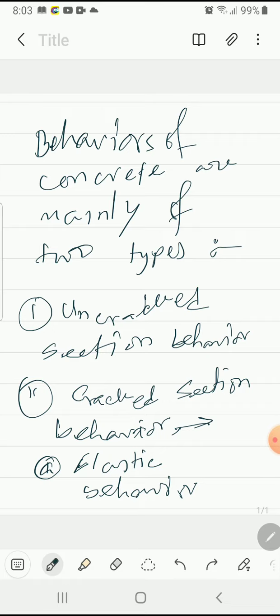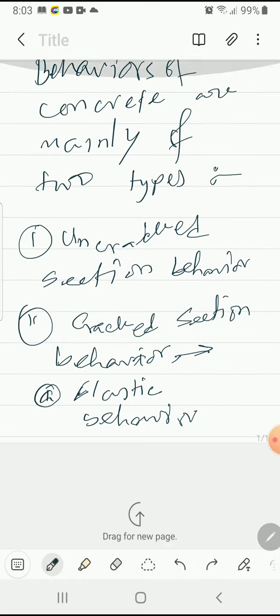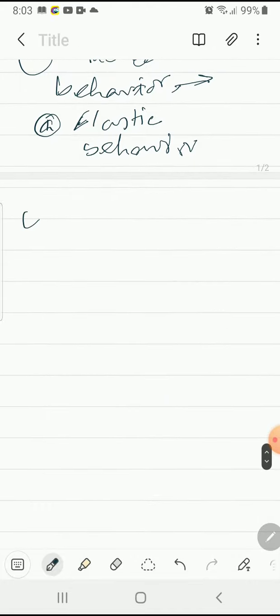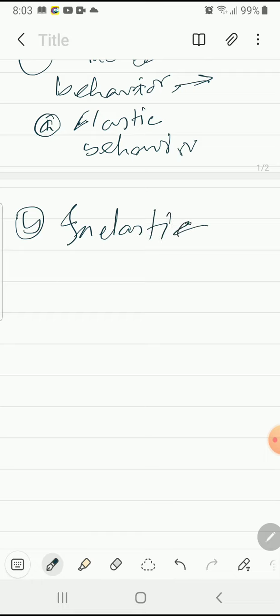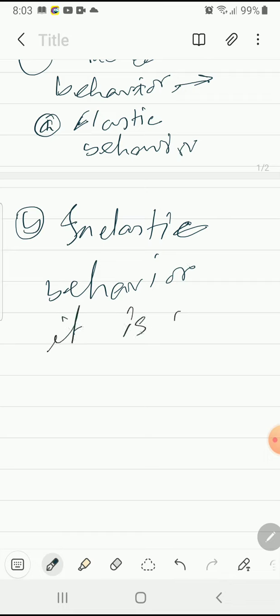B, inelastic behavior. Okay. Inelastic behavior, it is of 3 types.